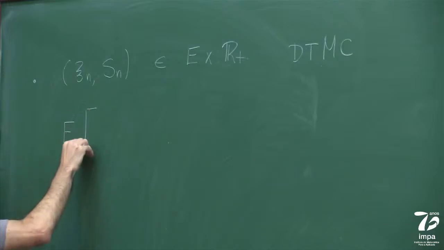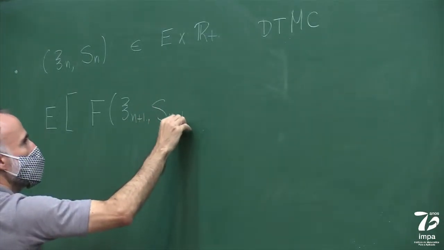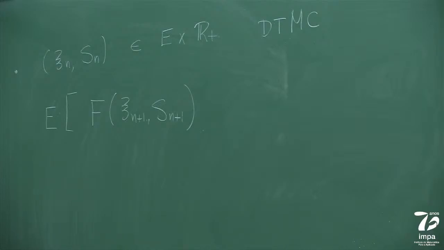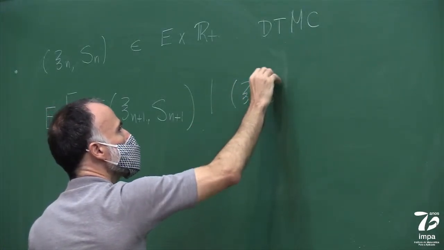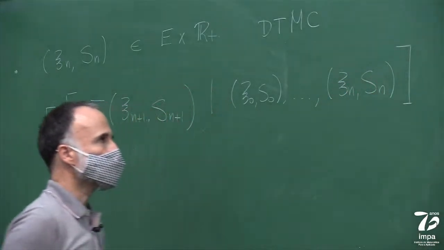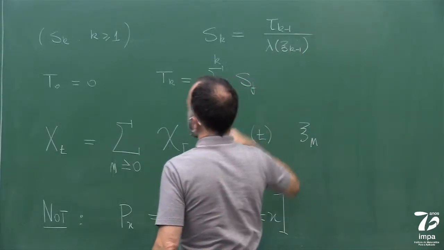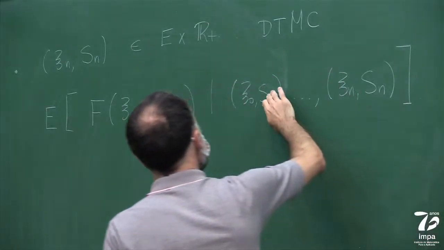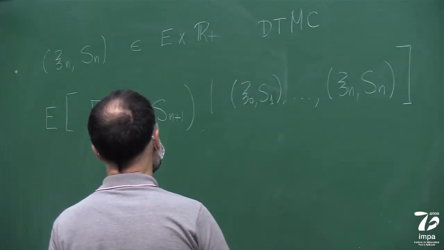So I want to compute the value of the conditional expectation of a function of xi n plus 1, Sn plus 1, given xi 0, S0, up to xi n, Sn.